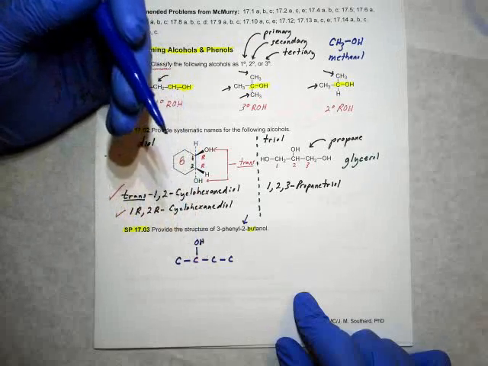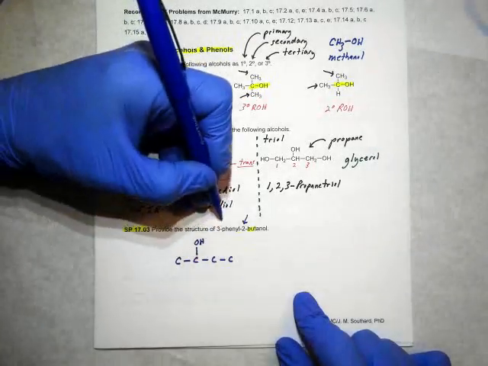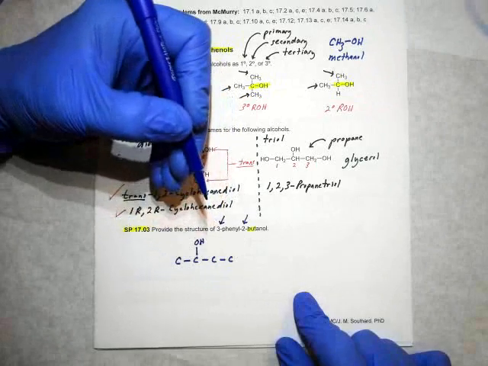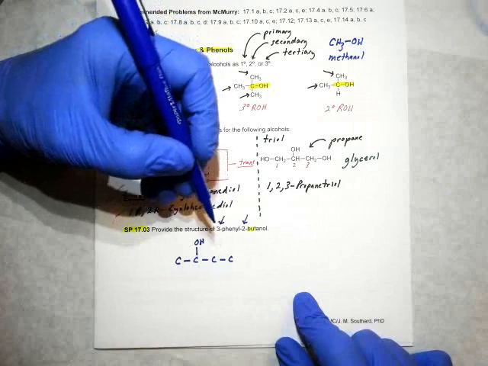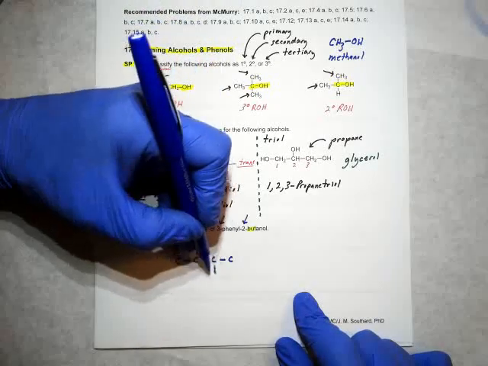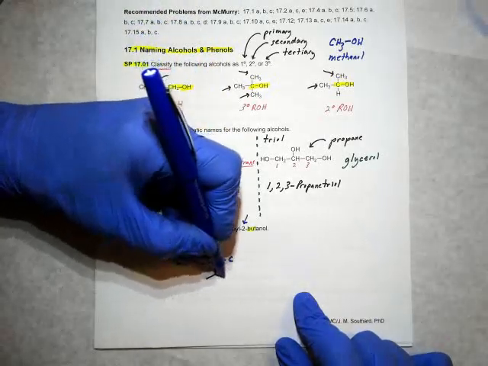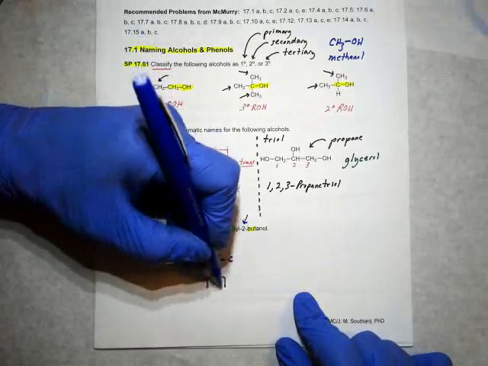Okay, and what else? Well, up front we indicated that there's a phenyl group attached to carbon 3. Now recall what phenyl is. Phenyl is a monosubstituted benzene.